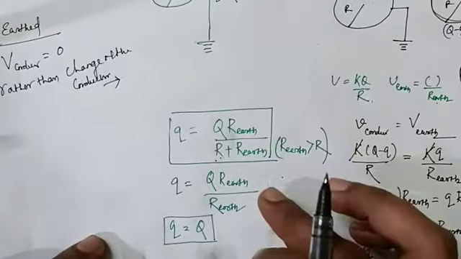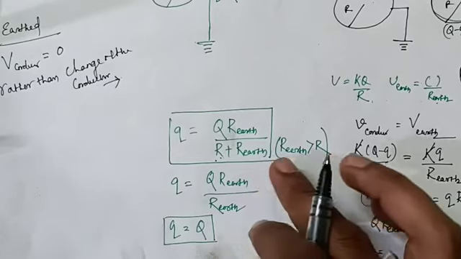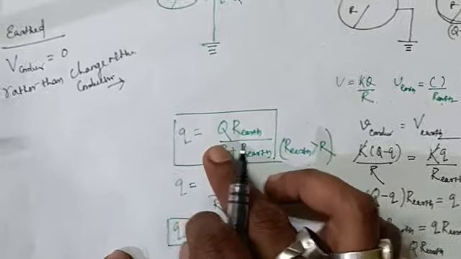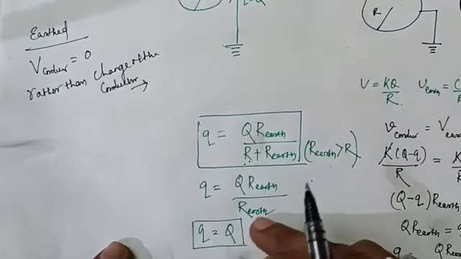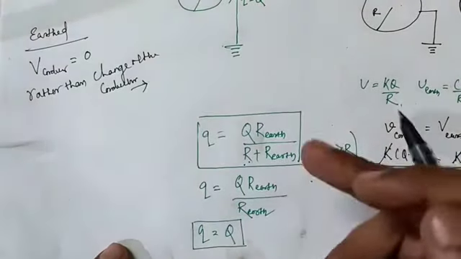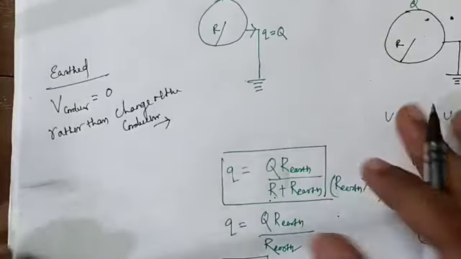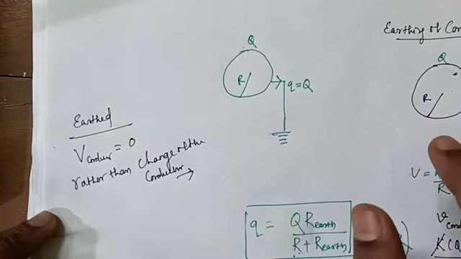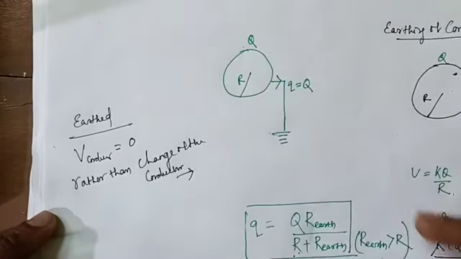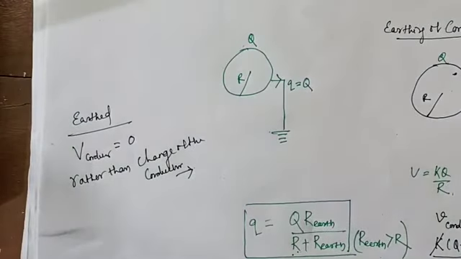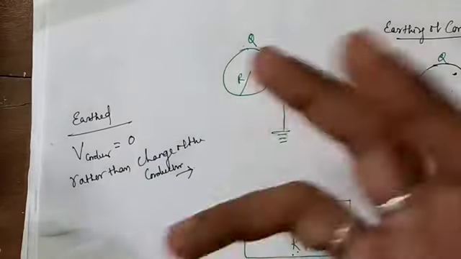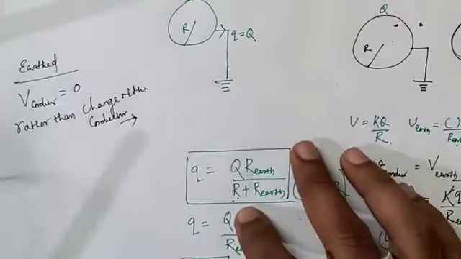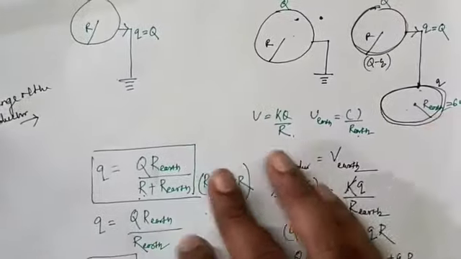Here we proved that if you assume the earth's radius is much more than the radius of the conductor, then we consider that all charge flows. But in real practice, all charges may or may not flow to the earth, but the potential of the conductor is 0. The earth arranges the charge in such a fashion that the net potential of the conductor remains 0 if it is earthed. This is a very important conclusion from the student's perspective.